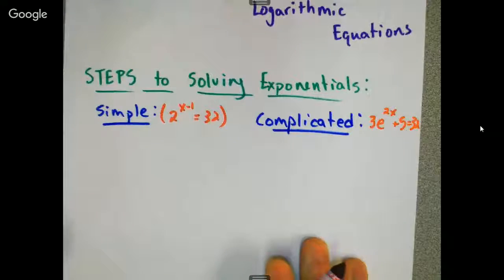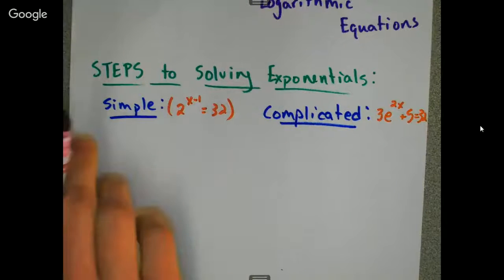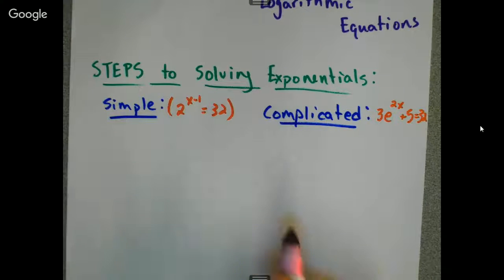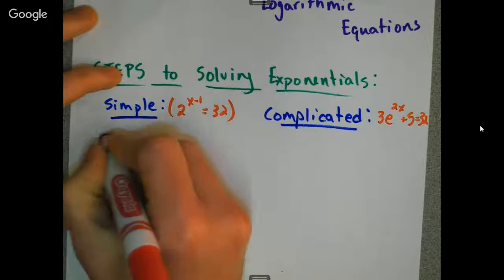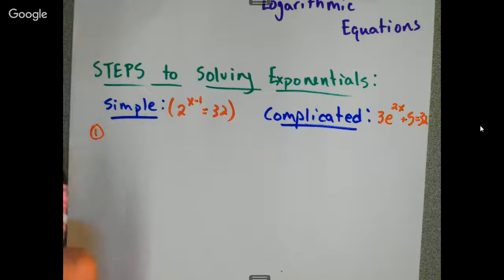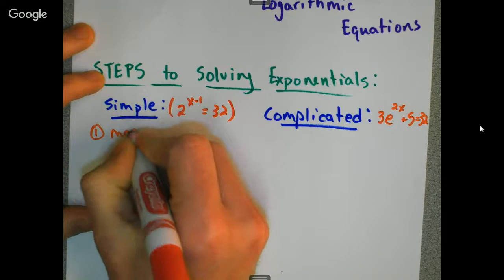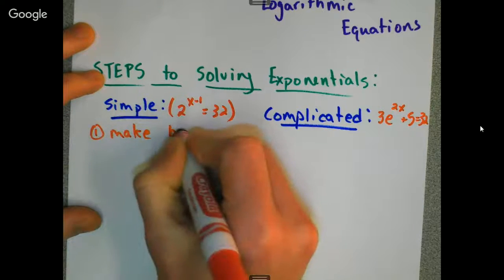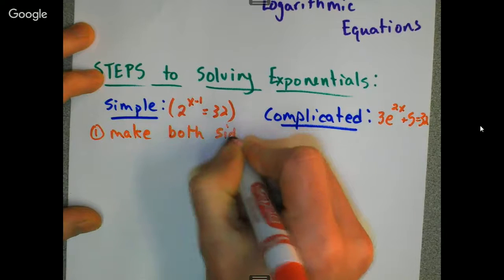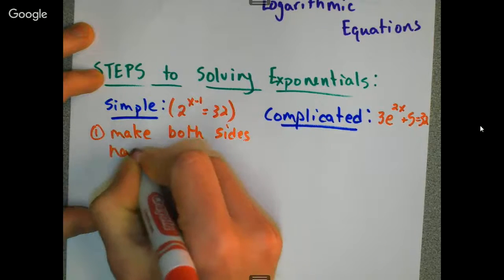So with a simple exponential, step one would be make both sides have the same base.